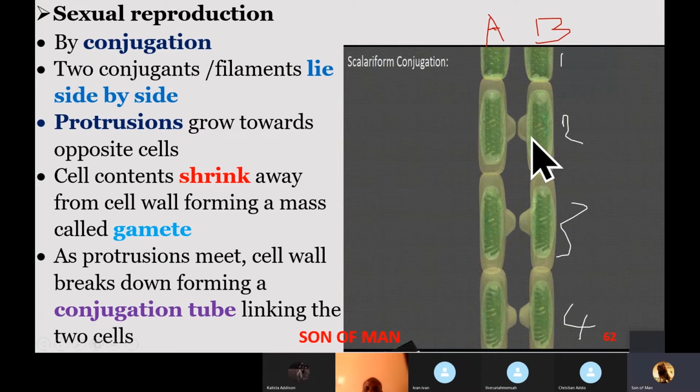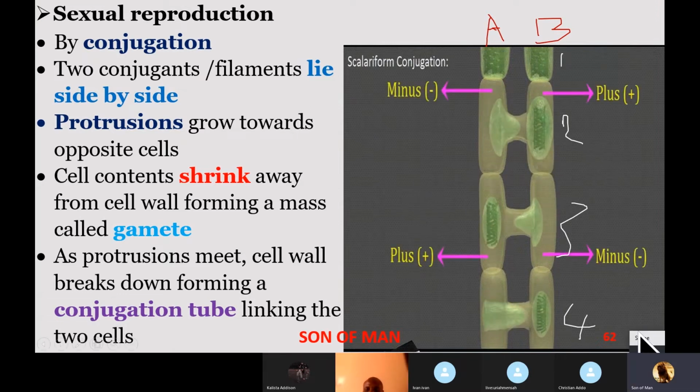So that is what is occurring here and has just happened. And you can see that the materials in the minus is moving through the tube into the plus cell. So the cell wall breaks down, forming the tube linking the two cells.